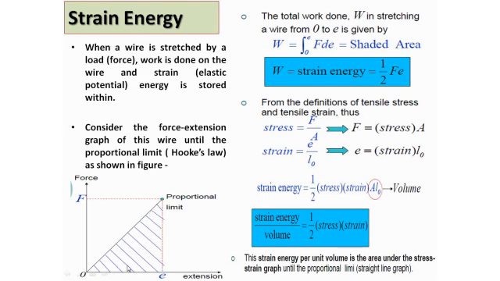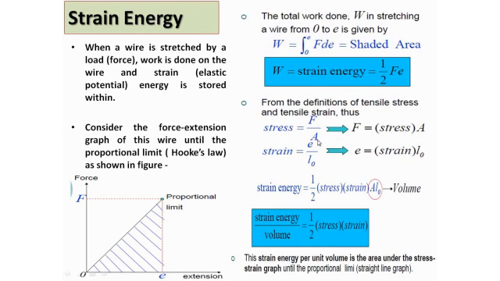This shaded area is the work done. So the work done is equal to strain energy, right? Integrating this term, what we are going to get is half Fe, right? Now you see, from the definition of tensile stress and tensile strain, stress is equal to F by A, that is F is equal to stress into A. Simple.